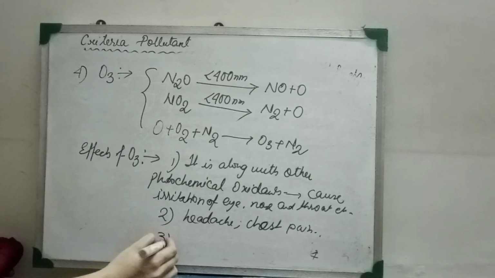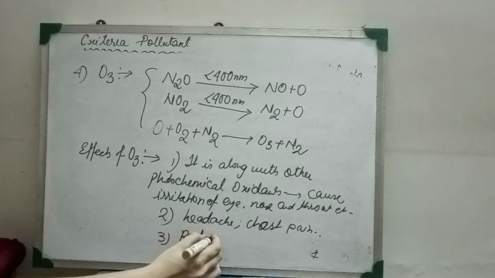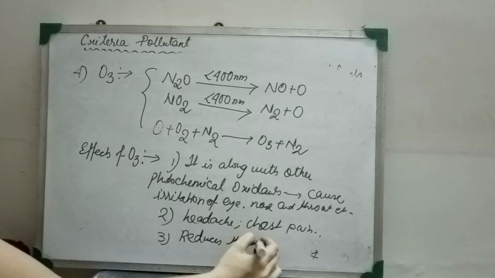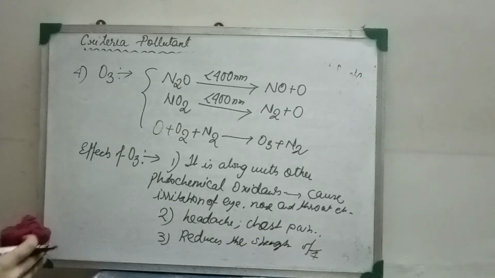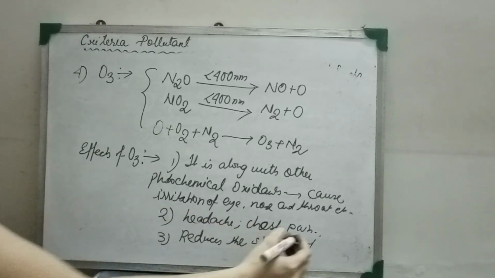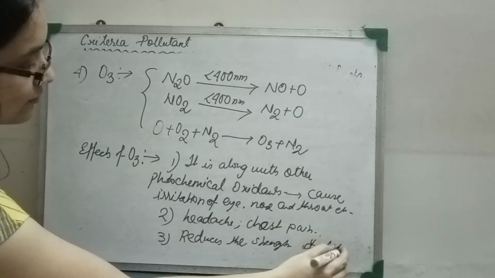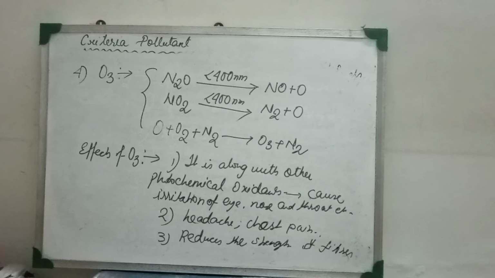So it also reduces the strength of fibers. So these are the effects of ozone. It has some light and short-term effects on living organisms, metal surfaces and other materials.